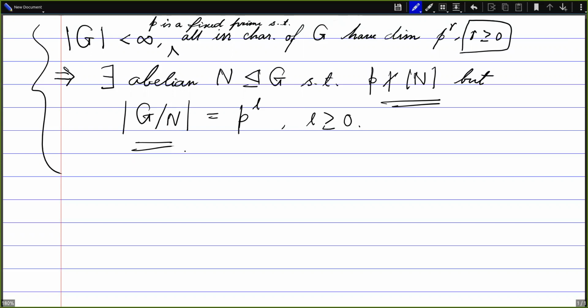So the situations are completely opposite. Here p does not divide the order of N, so the prime divisors of the order of N are completely different from p. However, when it comes to G modulo N, no prime other than p can divide the order of G modulo N.